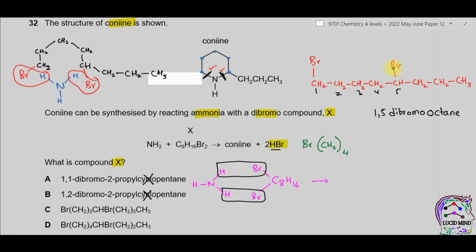Then I have a CH with bromine. And 1, 2 CH2s. And then a CH3. So this is the structure of compound X. And we can see this one is similar to the one given in part D. So therefore D is the answer.